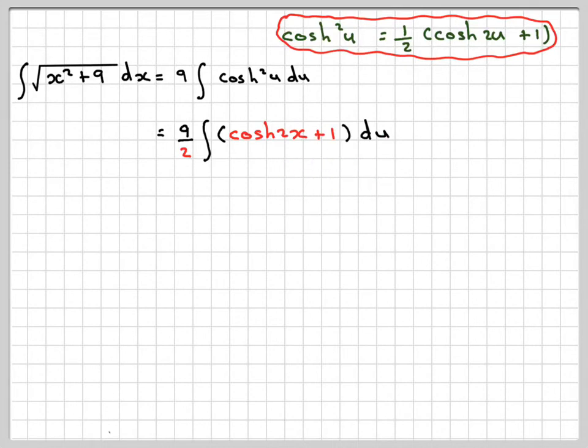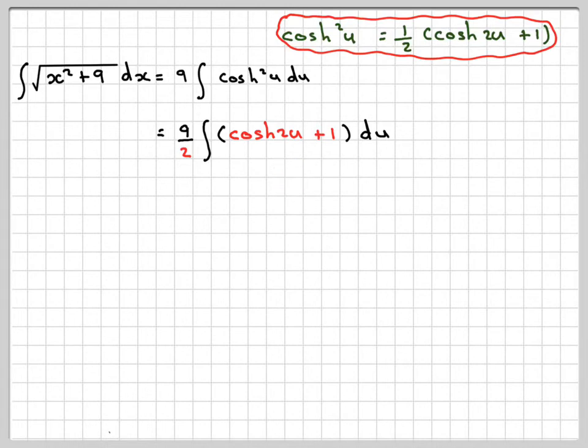We're now in a stage where we can integrate. So we've got 9 over 2. If you integrate cosh, you get sinh. I want to correct myself here, this should be a u, because it's in terms of u now.